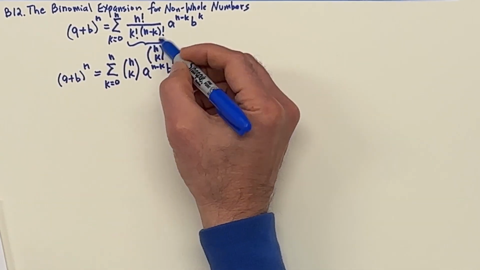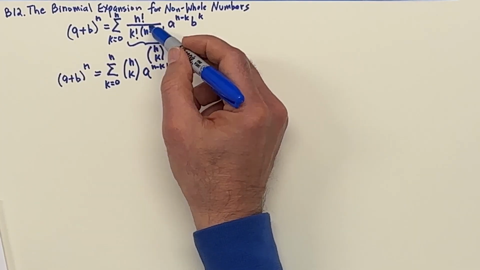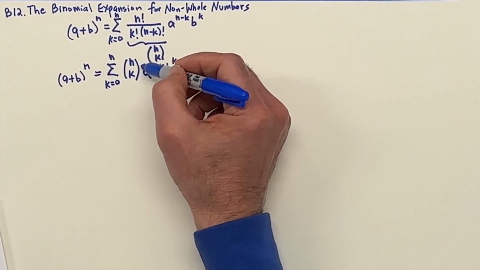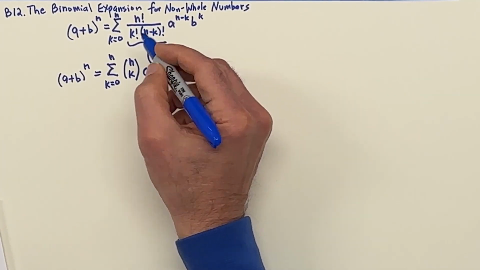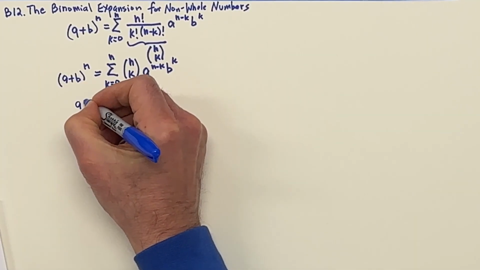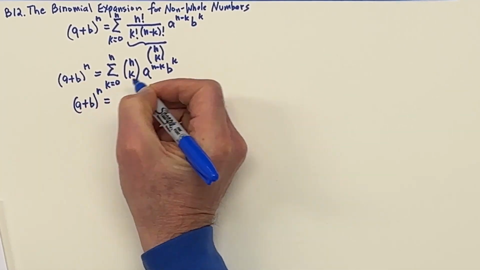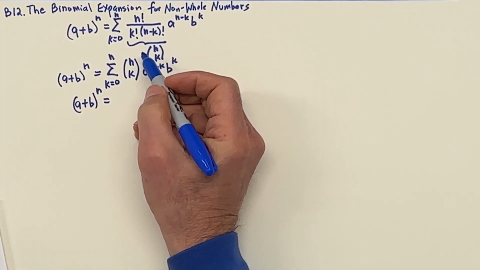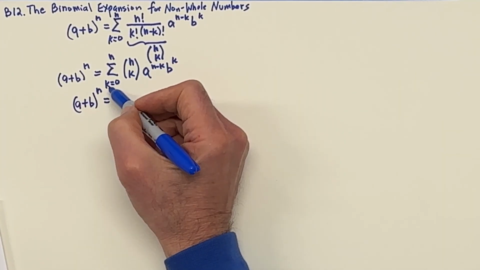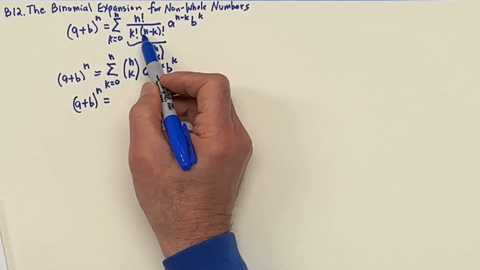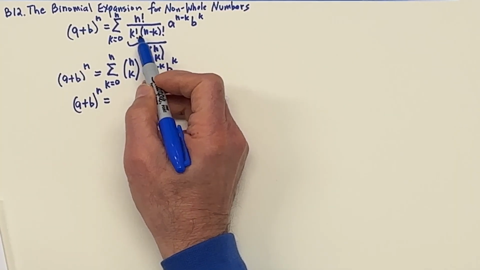In practice, I refer to this formula when I work this out. So if I go a plus b to the nth power, where say k is equal to 0, it's easier for me right now to refer to this top one.